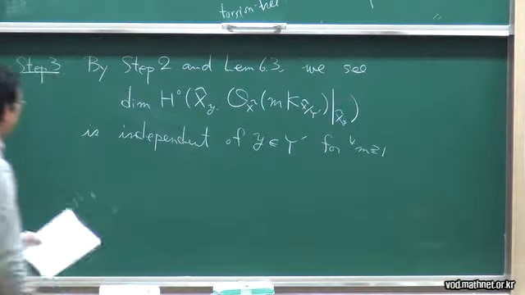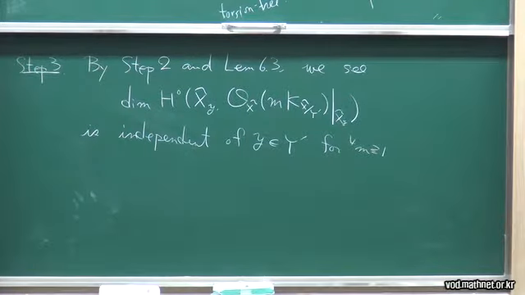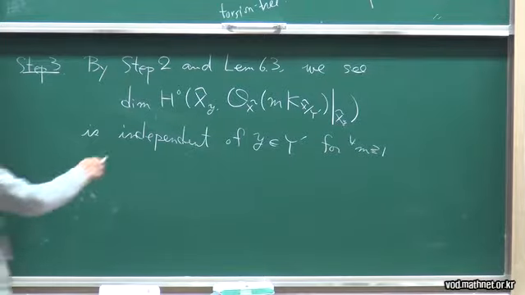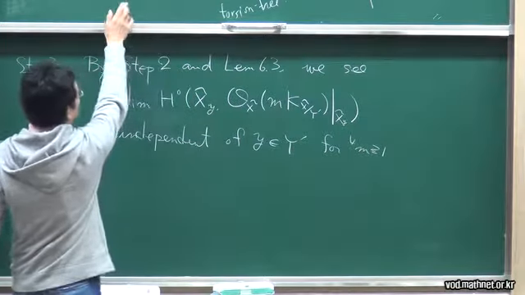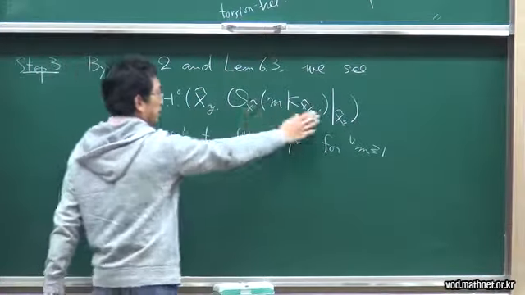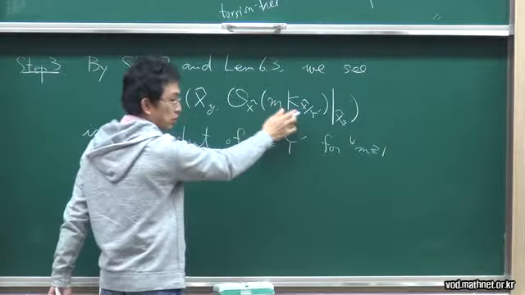First apply Step 2. Then we have the situation that the base space is a curve. Apply this lemma. Then this type of dimension is constant.